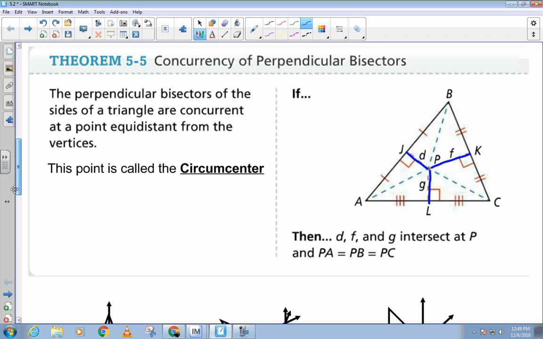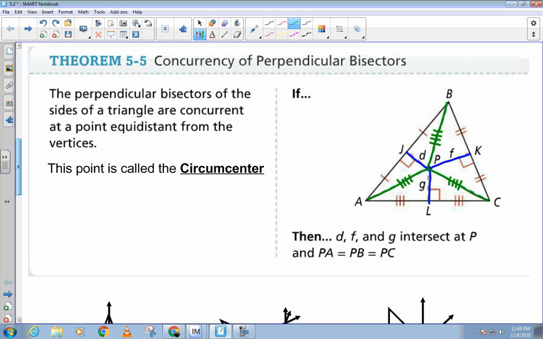They all intersect at this point, and that point is equidistant to each one of those vertices. So all 3 of these distances are the same. That's kind of like the problem that we just did. Draw the perpendicular bisector, each one they intersect here. When you have a line that lies on the perpendicular bisector, it's equidistant to the endpoints.